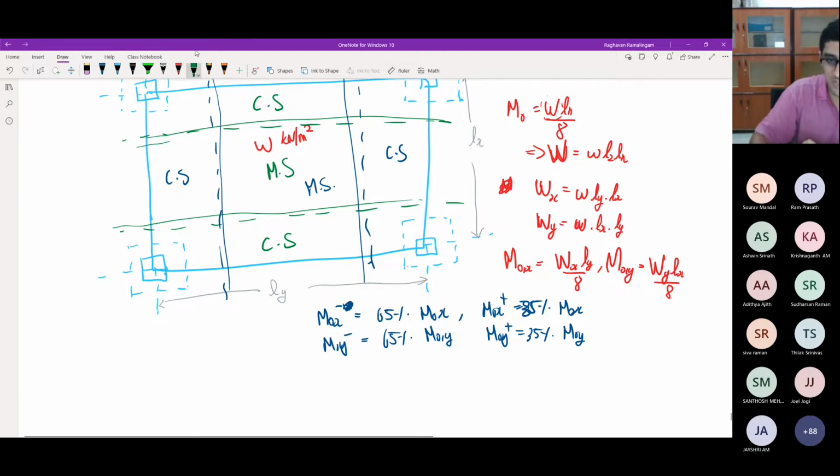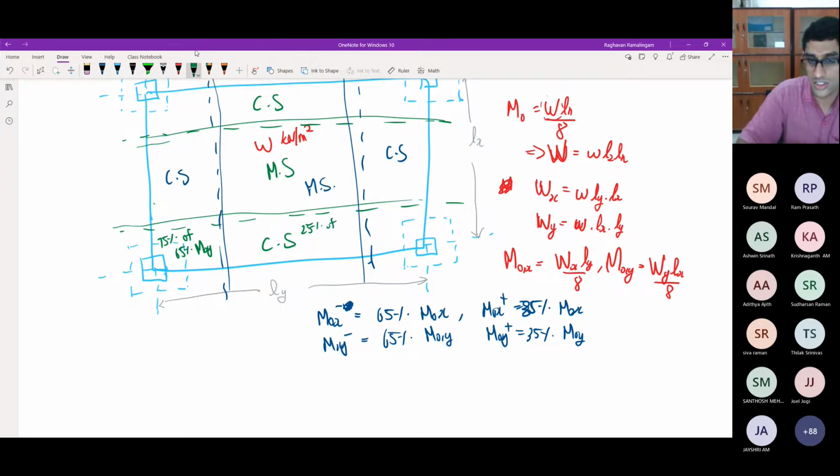So basically it will become 75% of 65% of M0y. This is the column strip for the y direction. Since it is 75%, the remaining is 25%.